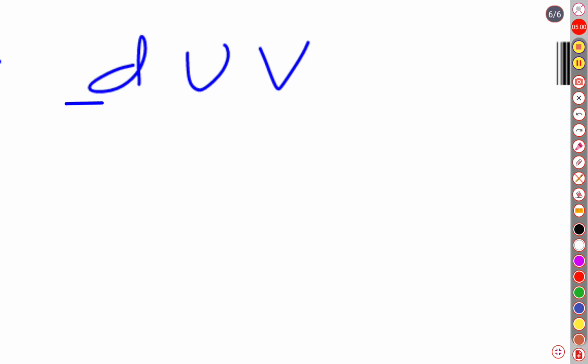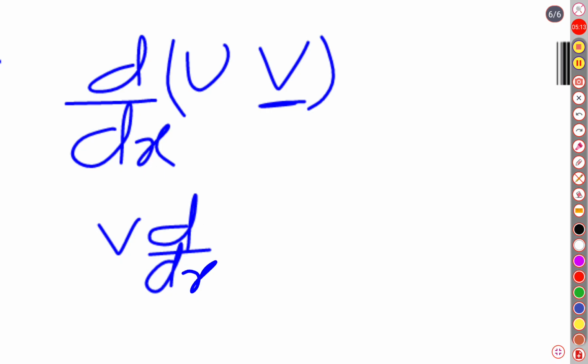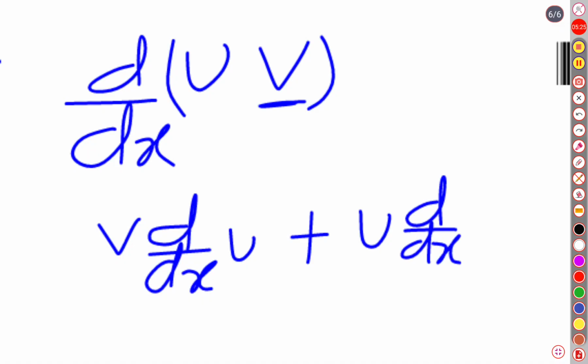Let's say u and v are two functions, and we are going to find the derivative of uv with respect to x. So the derivative is v into d over dx of u, plus, then just a reversal of that. First we started with v, now we will write u, d over dx of v.